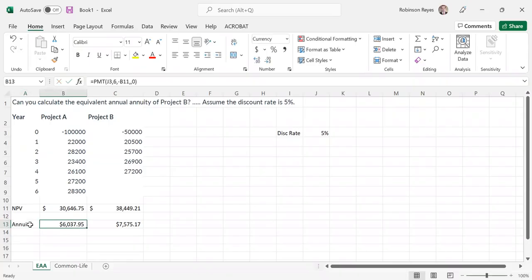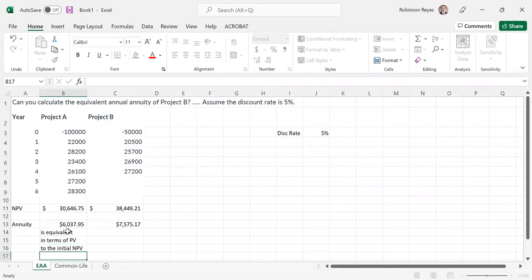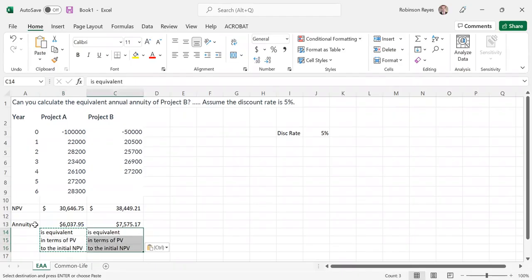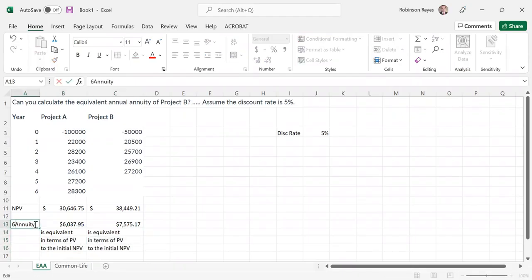And now this annuity is a 6-year annuity, and this 6-year annuity is equivalent, in time value of money terms of present value, to the initial NPV, right? And the same thing here. But now these are two 6-year annuities.